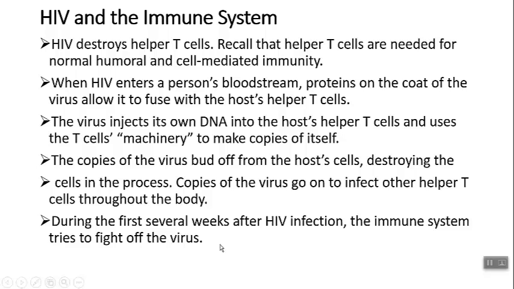HIV and the immune system. How does HIV actually affect our immune system, or what is the mechanism of destruction of our immune system by the virus? The HIV virus itself does not multiply and has a minimal capacity to destroy other cells.